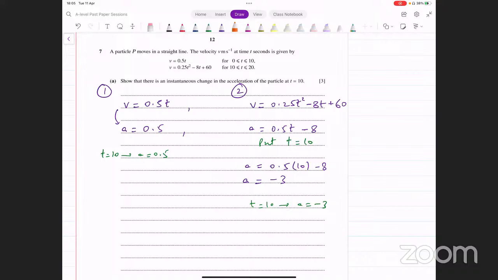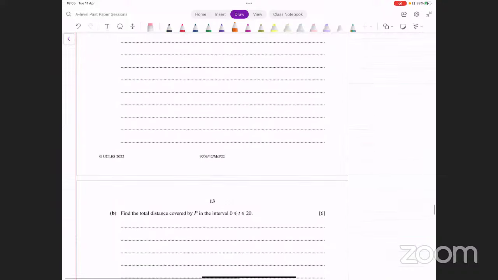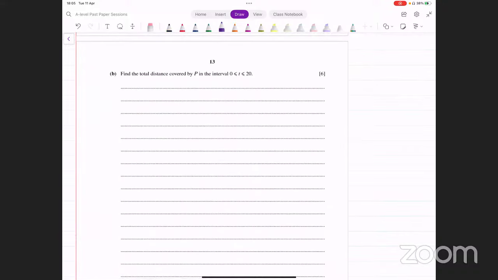Particle की direction change आप कैसे figure out करते हैं? Velocity को 0 input कर देते हैं, उससे आपको पता चलता है कि particle की direction कहीं change तो नहीं हो रही है. Let me write those two equations down here. Part 1, which is time 0 to 10 seconds, and part 2, which is time 10 to 20 seconds.